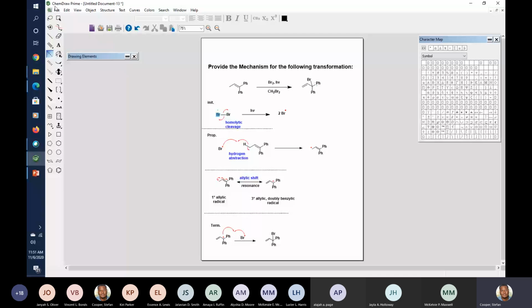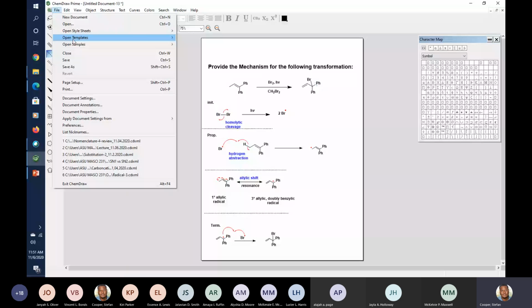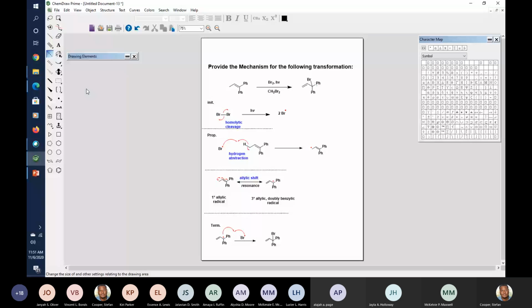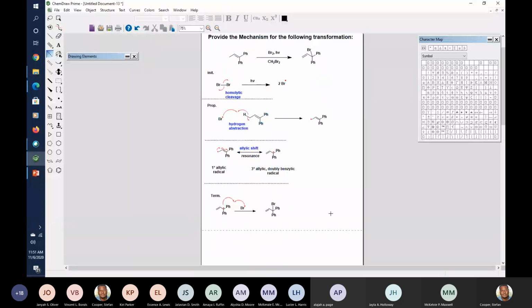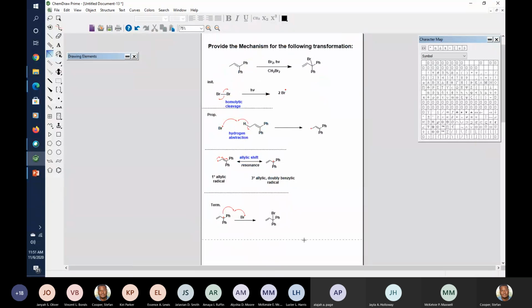Okay, Dr. Cooper. Go ahead. So from the initial problem, we're supposed to be able to recognize that we don't put that BR where the H was, because we have to do resonance. Yep. When I saw this, that carbon is involved in a double bond, but over here it's not.